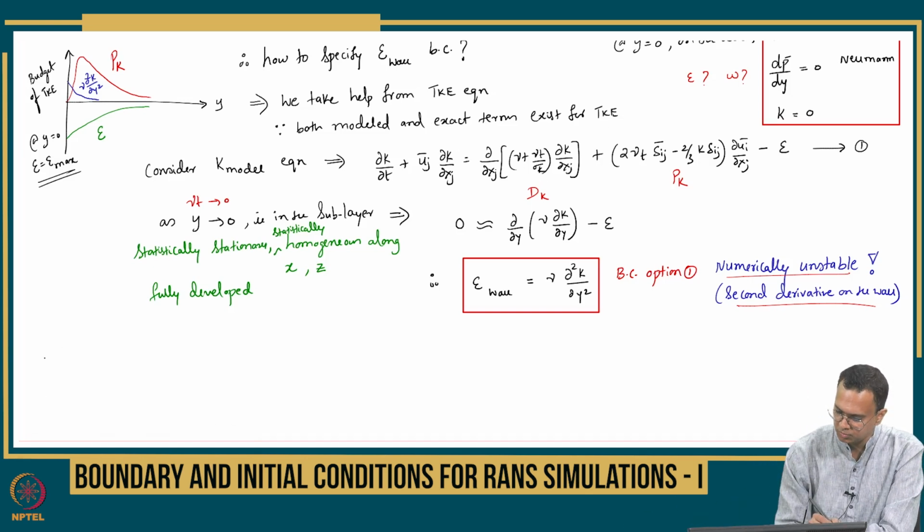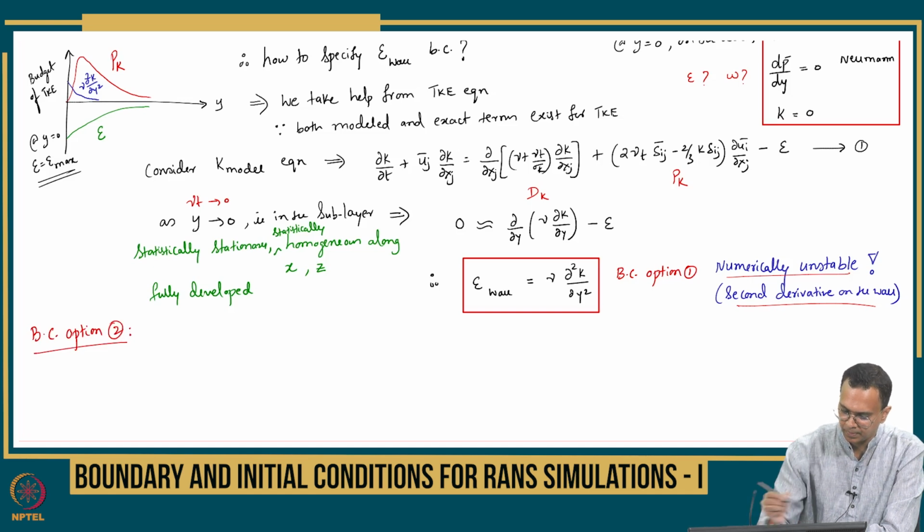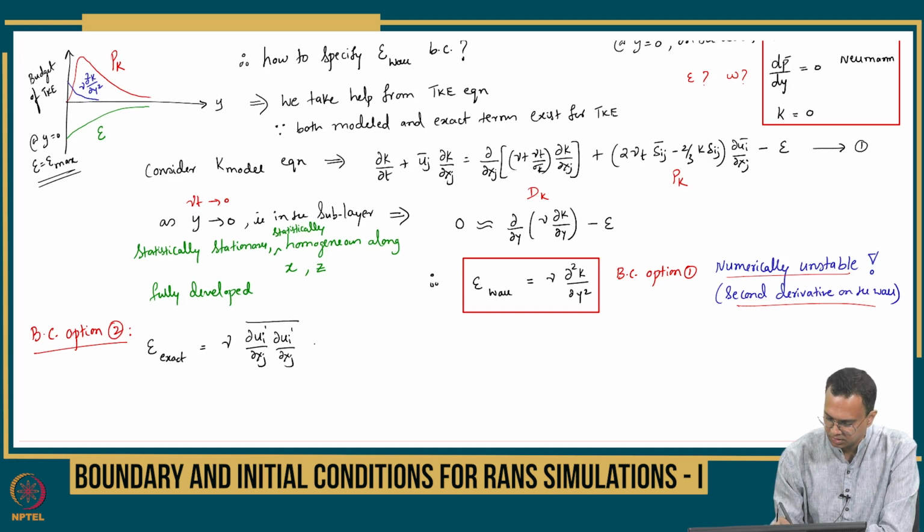So boundary condition option 2 is, we take help from the epsilon exact term, which is nu ∂ui'/∂xj ∂ui'/∂xj averaged. If I expand, it is a sum of 9 terms.